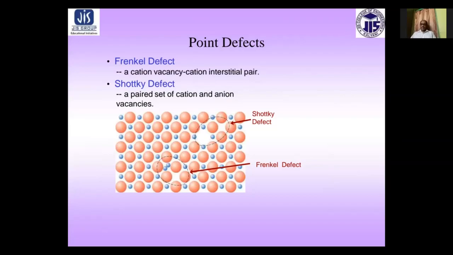These vacancies and self-interstitials are produced during the plastic deformation of metals and alloys and by high energy particle irradiation. Also, vacancy concentration increases with increasing temperature, and the same can be retained by rapid cooling from high temperature to low temperature.